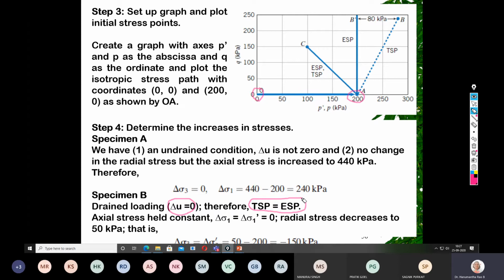Total becomes effective. The axial stress is held constant, that is delta sigma 1 is 0, there is no increment, and the radial stress decreased from 200 kilopascals to 50 kilopascals. Therefore your delta sigma 3 is nothing but 50 minus 200, so minus 150 kilopascals.